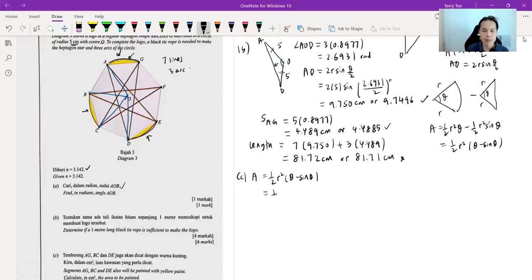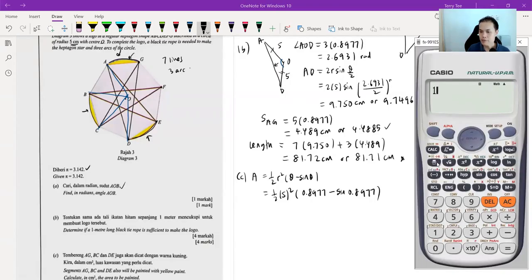All right. Now, my radius is 5. I square it. My theta is now 0.8977, right? From the earlier part, AOB. So I minus sine of this angle. Okay, so let's count. Half times 5 squared, times 0.8977 minus sine 0.8977. All right.